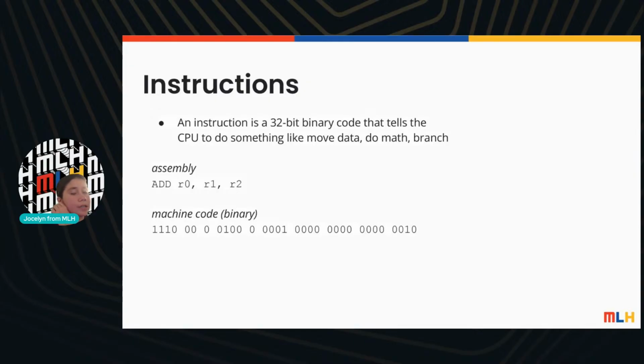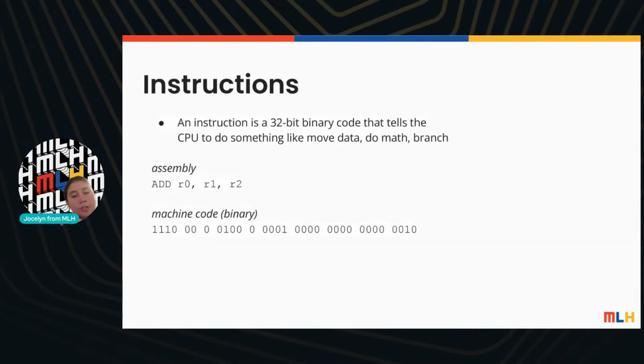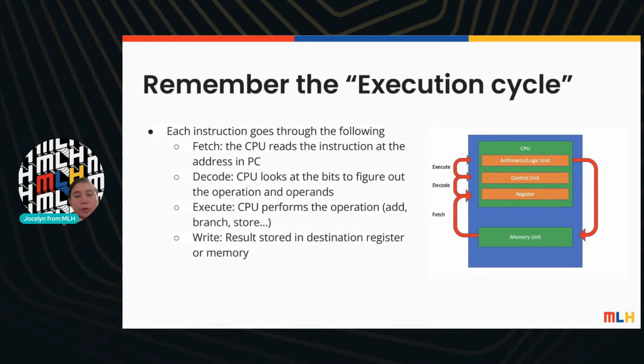This assembly code says that I'm going to add whatever is in register 1 plus whatever is in register 2, and then store that in register 0. And that assembly code can be translated to this machine code, which is binary in here. And this binary code is the one that I'm processing here. So when I'm talking about an instruction, I mean what's in here, a 32-bit binary code.